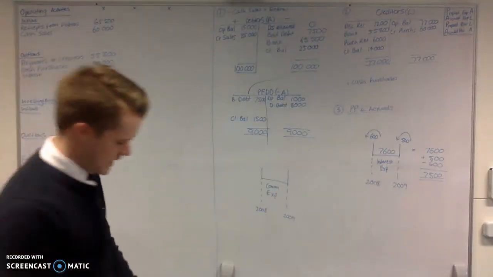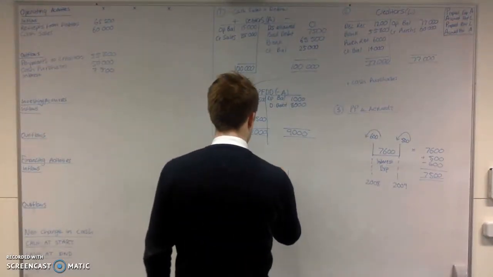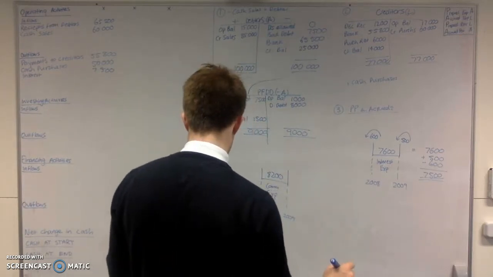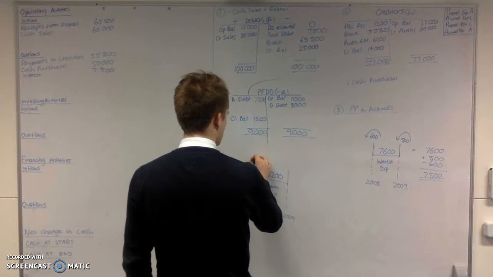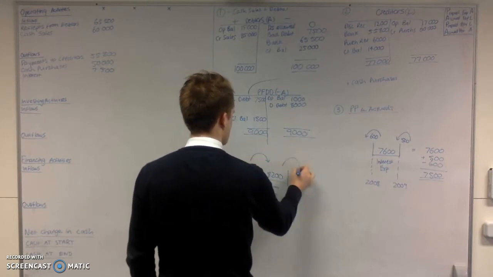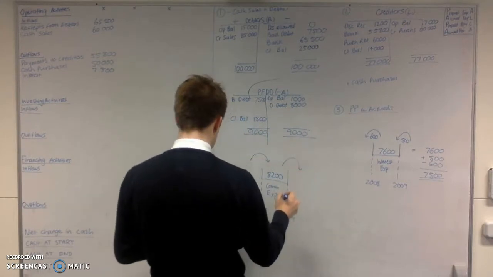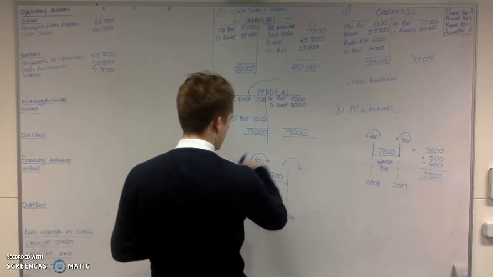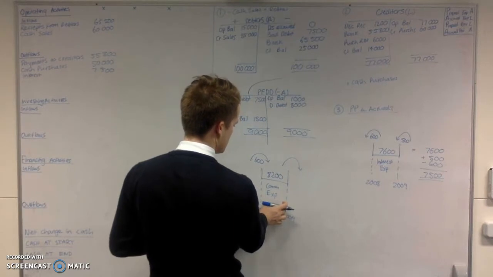And for this one, it's 8,200 of commission expense in the financial statements. It's accrued commission, so arrows are going to the right. In 2008, the business had $600 worth of accrued commission, meaning that it'll be paid in this period.